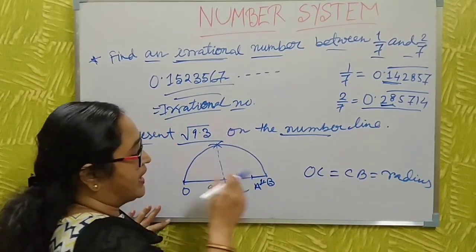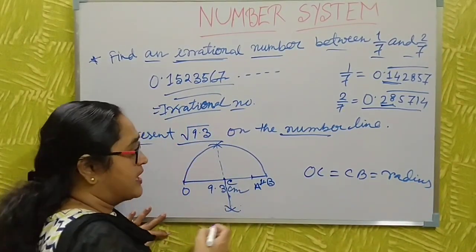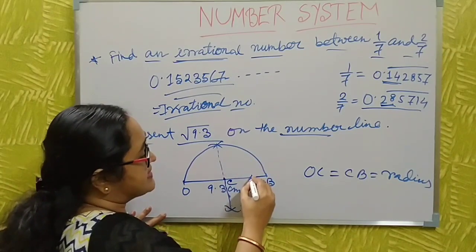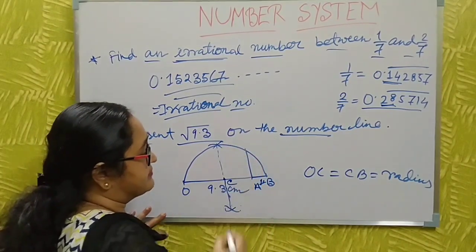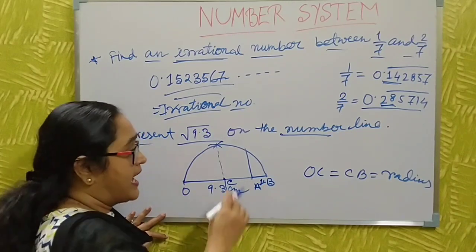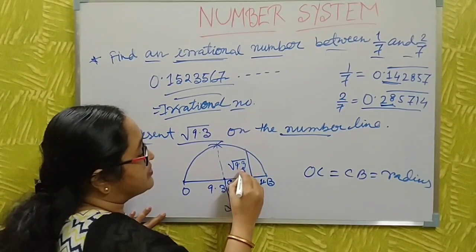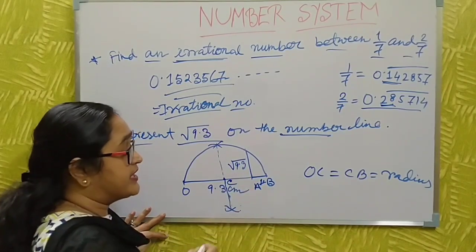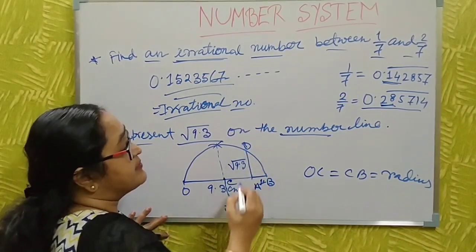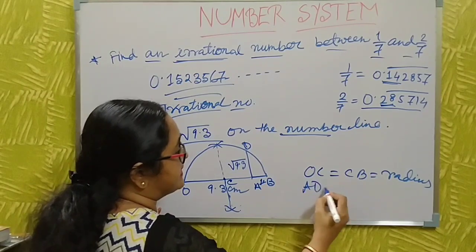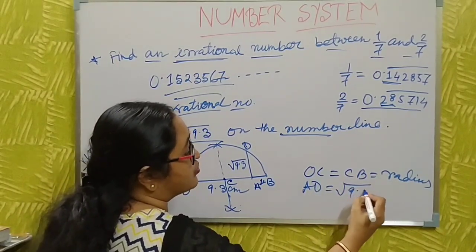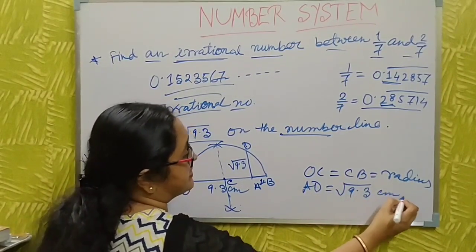Then you draw the half circle. Understood? And you put a scale and join here. This is under root 9.3. Listen very carefully. You write the name here D. AD is under root 9.3 centimeter.